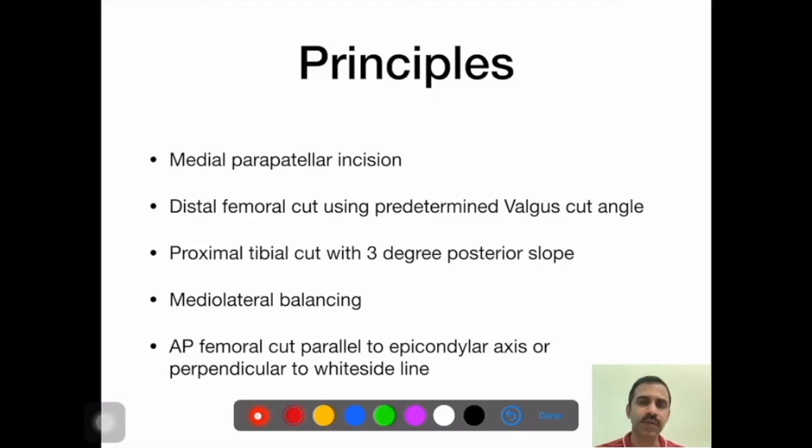The proximal tibial cut is with a 3 degree posterior slope. Mediolateral balancing has to be done. The anteroposterior femoral cut is parallel to the epicondylar axis or perpendicular to the Whiteside's line. Take care of the external rotation component.